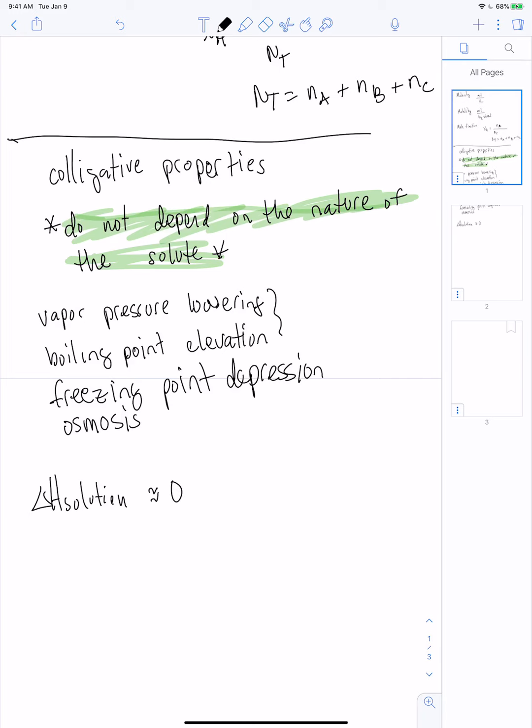I'll make the caveat that it's not always true, because delta H solution is not always approximately 0. But because delta H is approximately 0, the dominant term is the entropy. So delta S dominates the thermodynamics of dissolution.